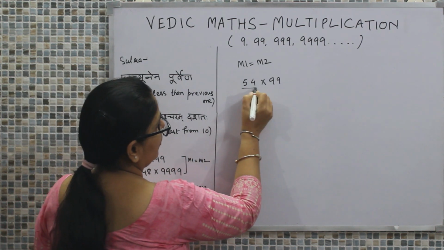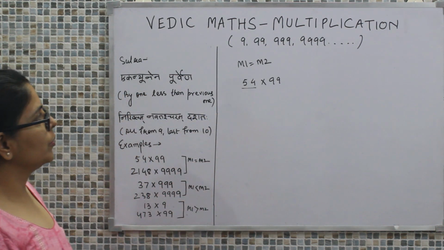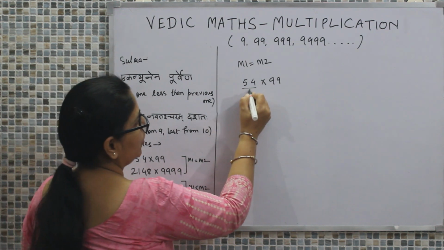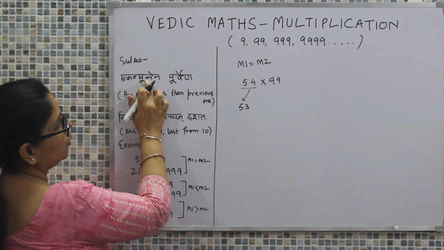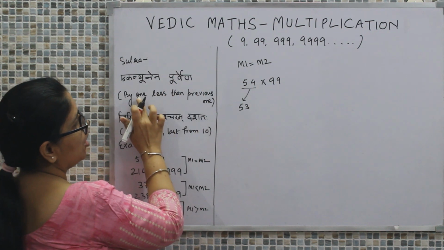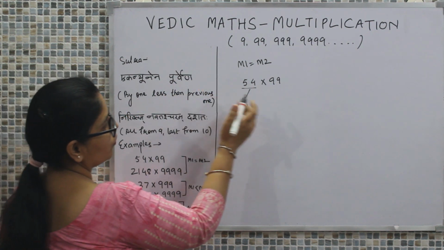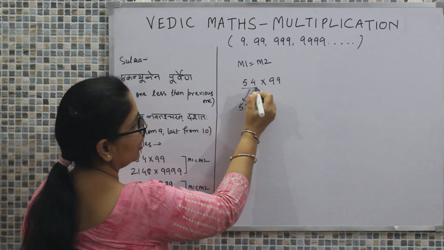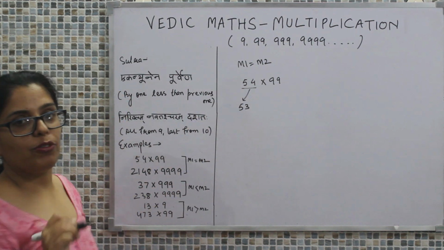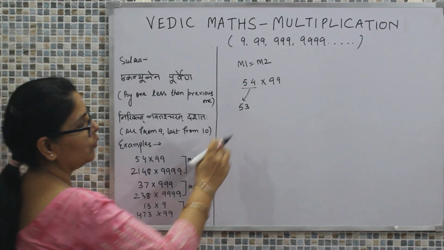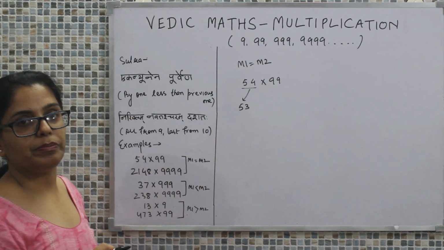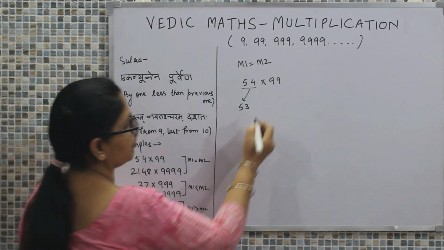Now let's see how we actually implement both these sutras. Let's take the value 54. Here we need to write it as 53 according to Ekanyunena Purvena, meaning by one less than the previous one. The original value is 54. We reduce it by 1 and we get 53. This will be the first part.